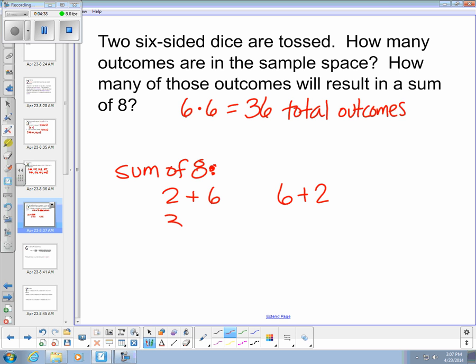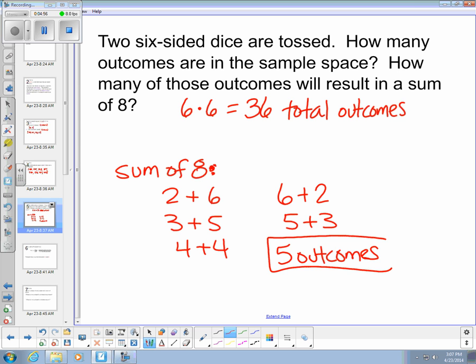I could also have a 3 and a 5, or a 5 and a 3. Or I could get a 4 on both die. And all of those will add up to 8. So there are 5 outcomes that give us a sum of 8. There's no other way to get an 8 because we don't have a 7 on the die, so I can't use 1 and 7 because that's not possible.